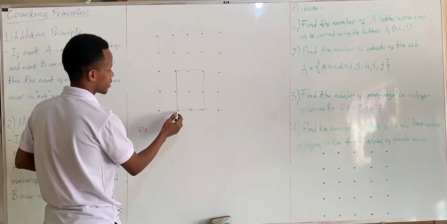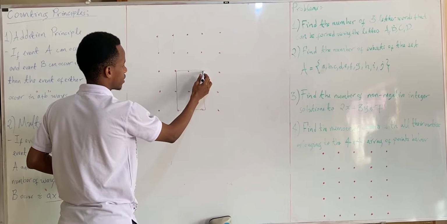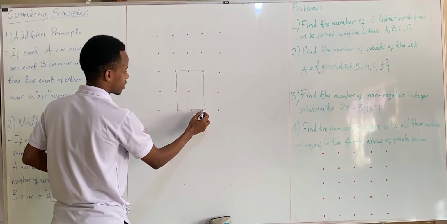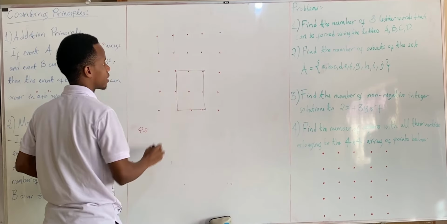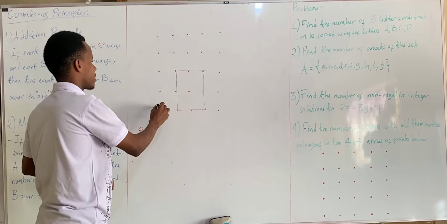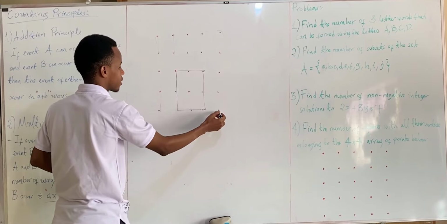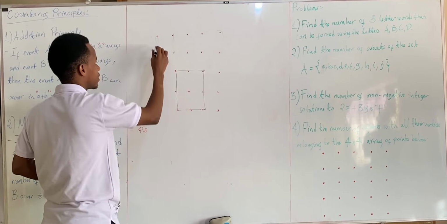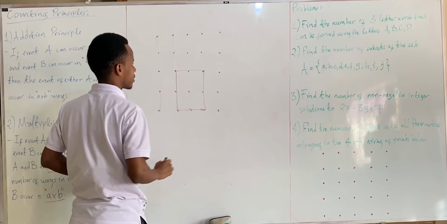This is also a square because it has 2 units and 2 units, and the vertices, this point, this point, this point, and this point, are contained in this configuration. Another example maybe is the entire thing. A square whose vertices are this point, this point, this point, and this point.